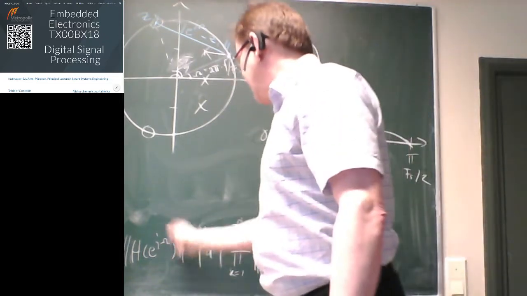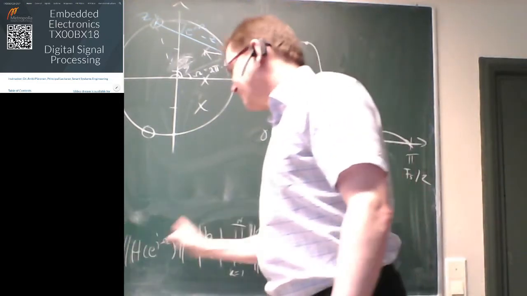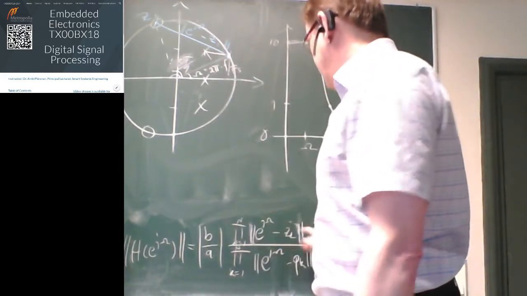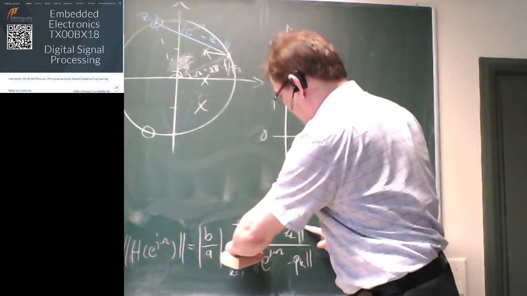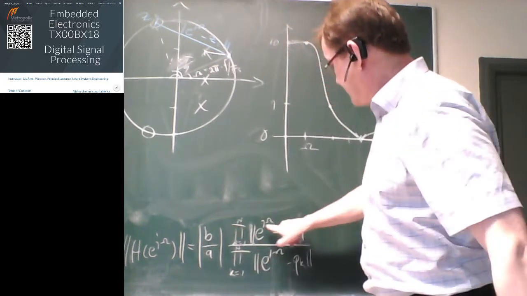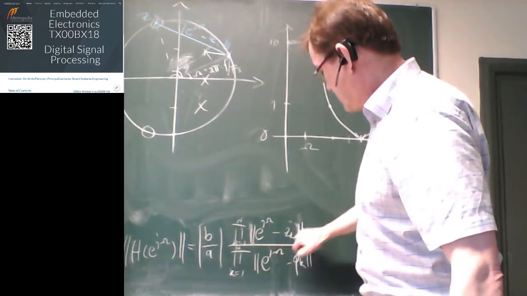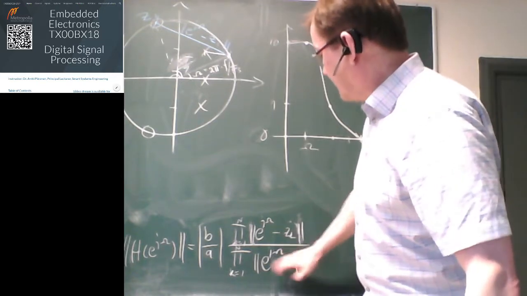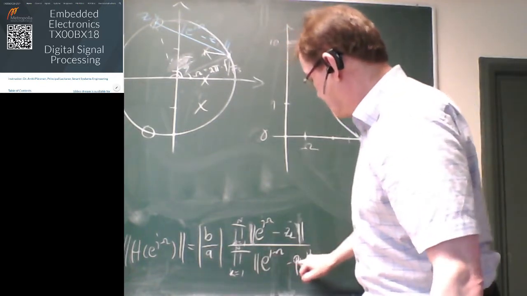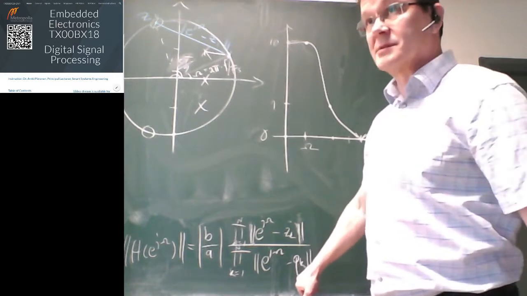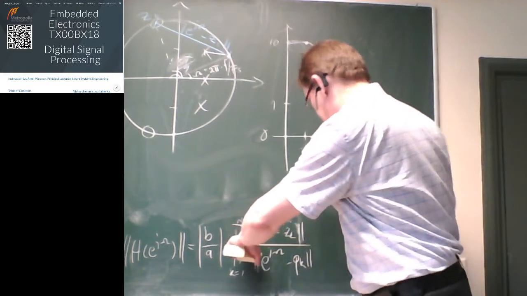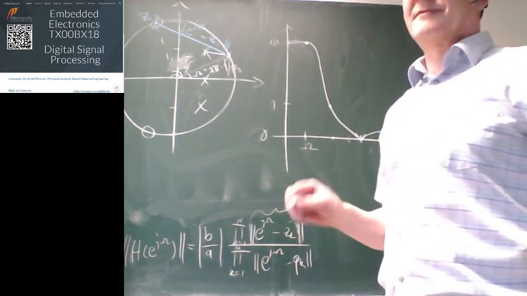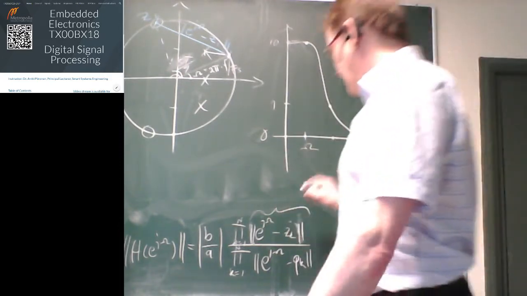Okay, so if you take the absolute value of this one, you actually get the product of that point's distances to each of those zero locations divided by the same point's distance to the pole locations. This part is simply a distance, a physical distance in the complex plane.